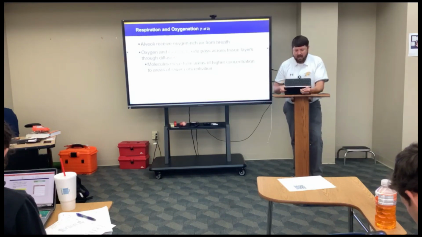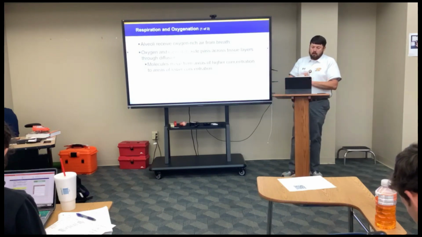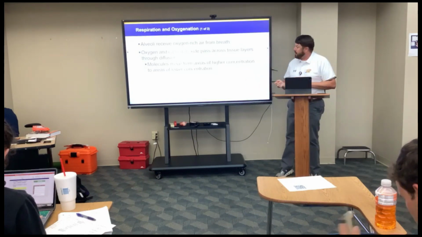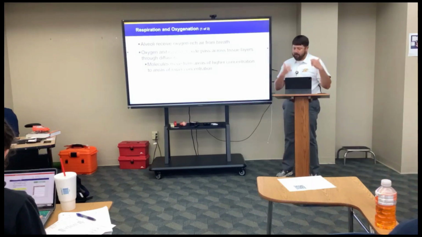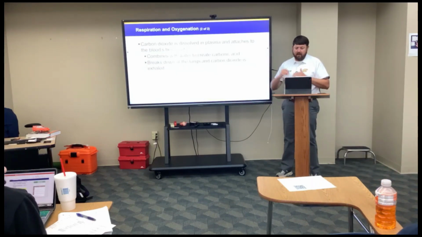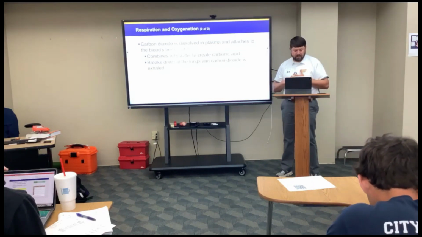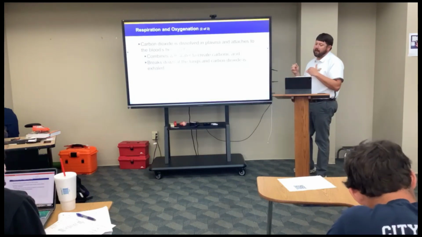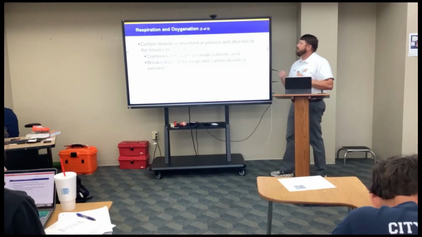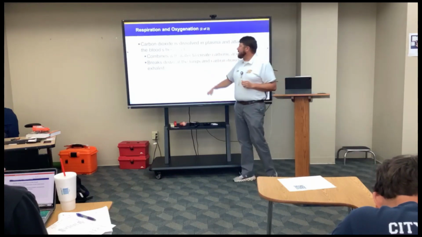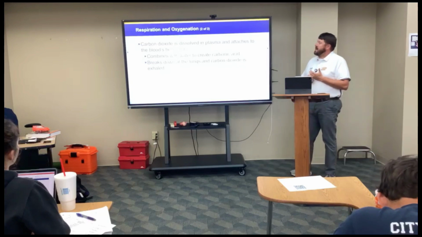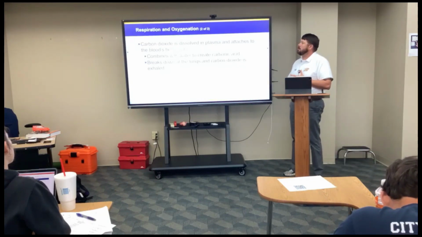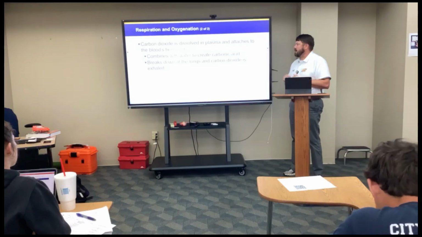Alveoli receive oxygen-rich air from breath. Diffusion is going to occur, so hopefully we will have diffusion at the alveolar level, and we will eventually have that movement at the cellular level as well. Once perfusion occurs at the cell, we have waste products, and carbon dioxide is dissolved in plasma and attaches to the blood's hemoglobin, where it also combines with water to create carbonic acid and breaks down at the lungs, and carbon dioxide is exhaled.